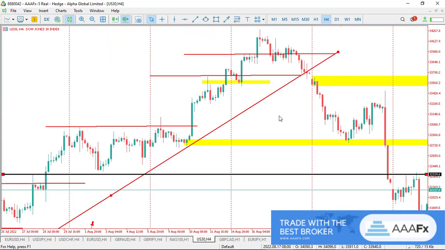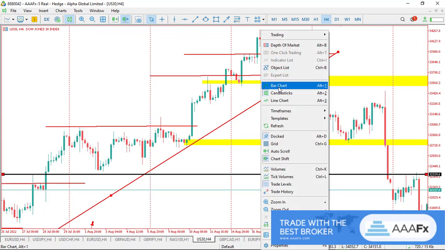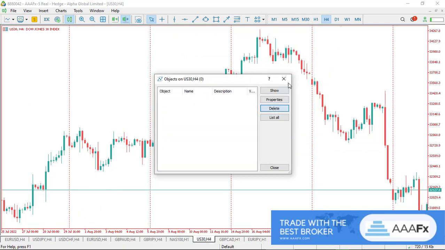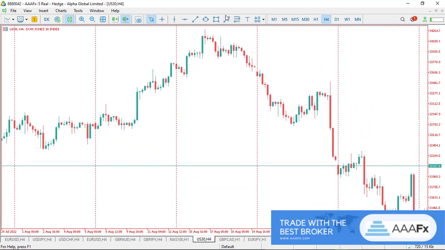Then when we were going down, let's get rid of all the drawings here and start from this point. This was supposed to be our first low break, our first break. As you can see, price didn't retest at this point.